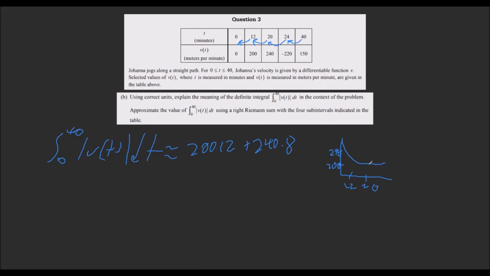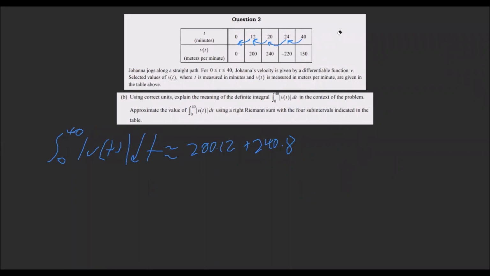And you're trying to find the area from here to here with a right Riemann sum. You're going to want to find the y value of 20, which, okay, should be 240. Let me redraw this actually. So you're going to want to find here, and you're going to want to bring it out to 12. So we're multiplying by 240, but we're multiplying 240 times 8. So that's why we're doing that, I suppose.